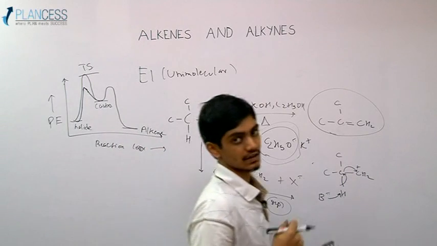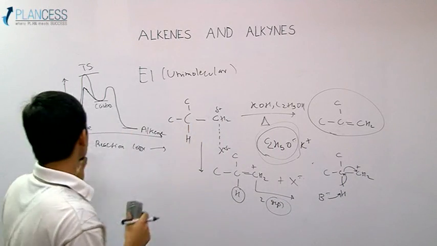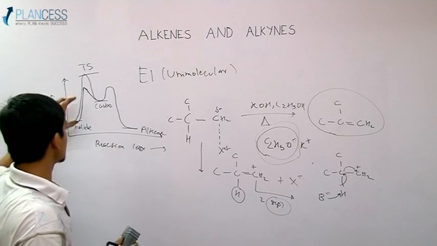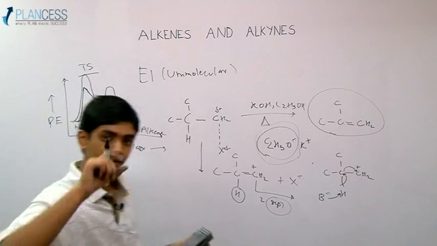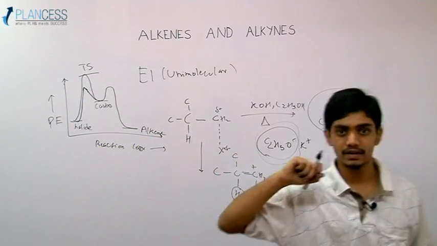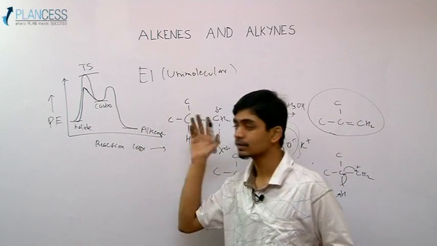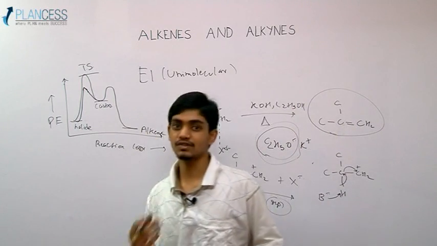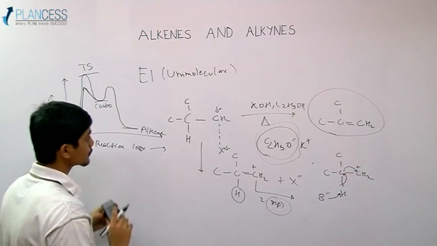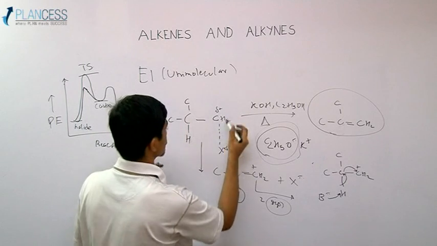Then we get the reaction faster, because the molecules have to cross only a small barrier, more molecules can cross over, and we can have a good reaction speed.